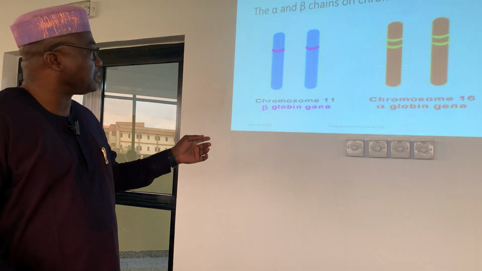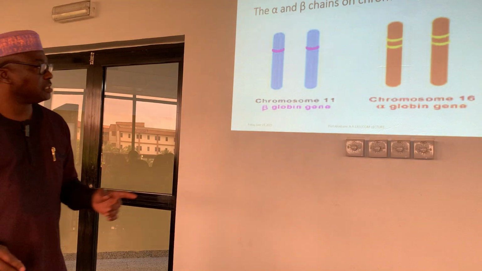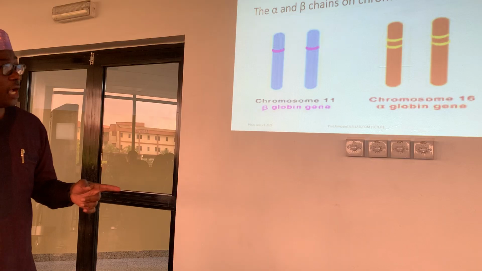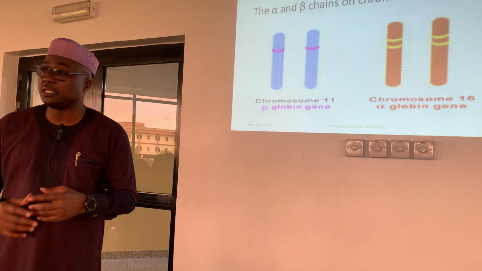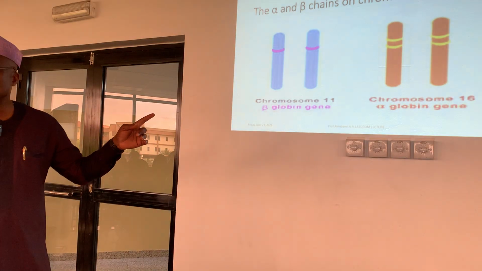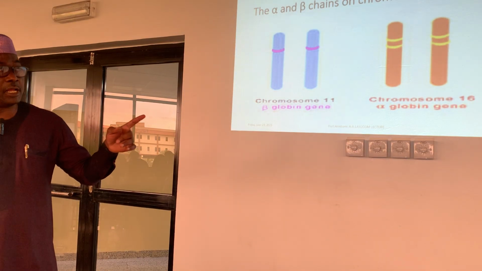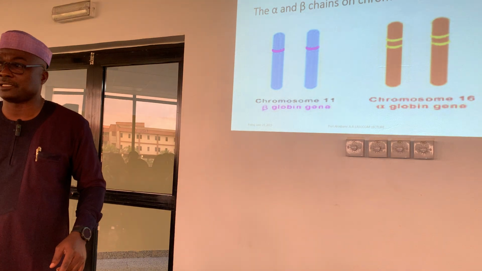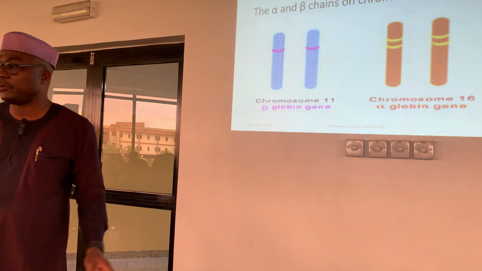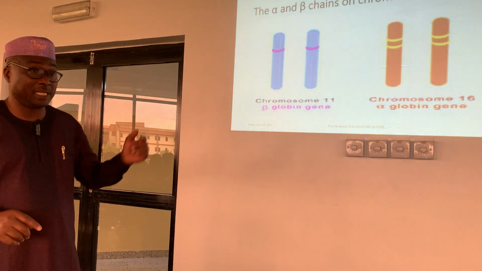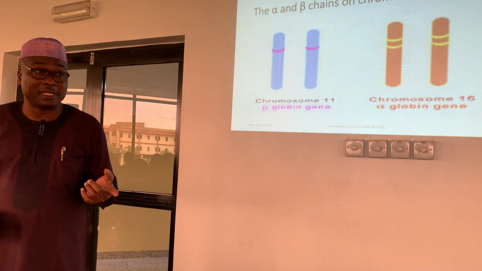So don't forget that the beta globin gene is carried on chromosome 11, and the alpha globin gene is carried on chromosome 16. How many amino acids do you have in the beta globin? 146, and then 141. If you count 1, 2, 3, 4, 5, 6 like that, it will be 146 amino acids. So most of the mutations affect the beta chain, like in sickle cell.